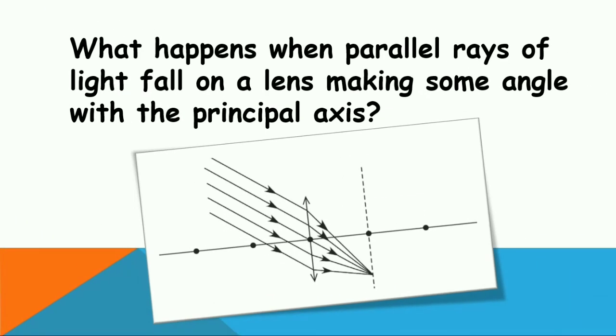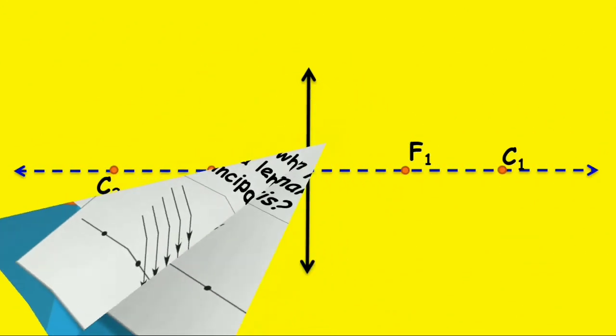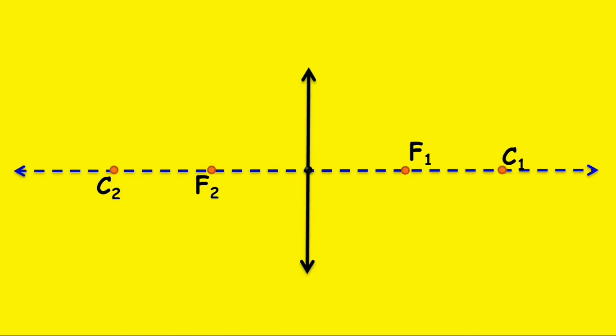What happens when parallel rays of light fall on a lens making some angle with the principal axis, like in the diagram? Let us take a convex lens and label the centers of curvature and foci C1, F1, C2, F2.